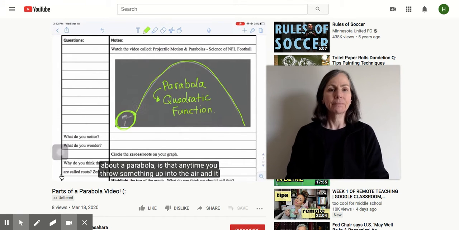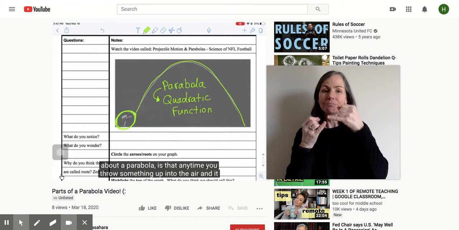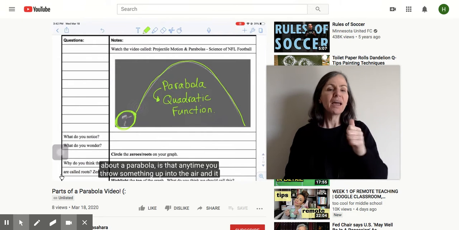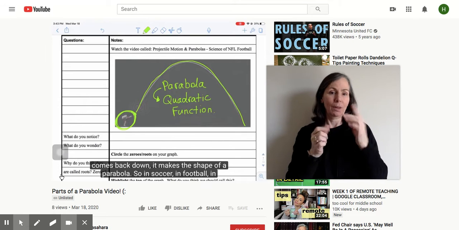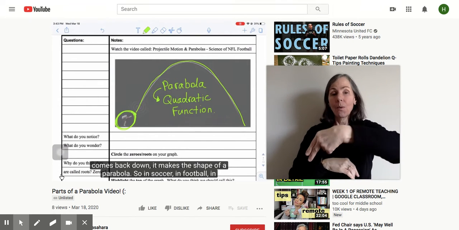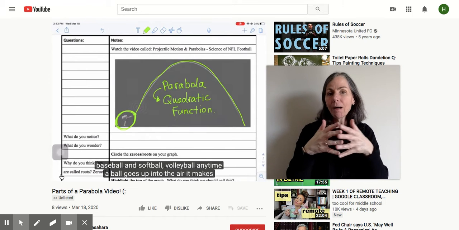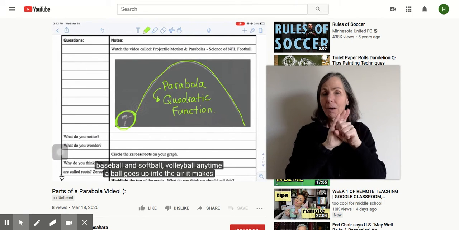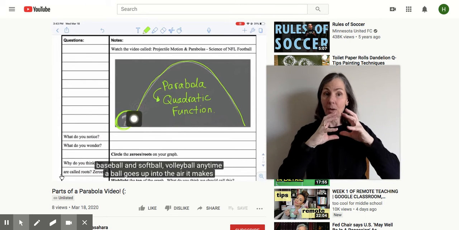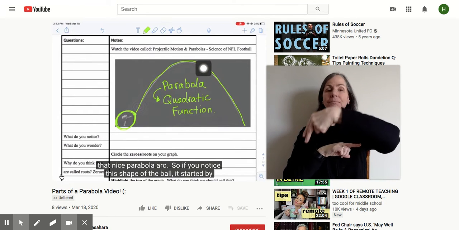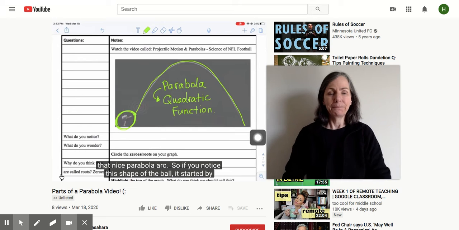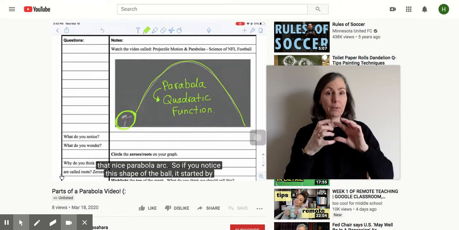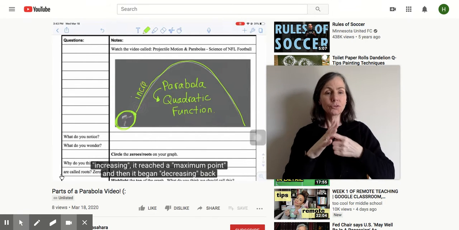What's beautiful about a parabola is that anytime you throw something up into the air and it comes back down, it makes the shape of a parabola. So in soccer, in football, in baseball, in softball, volleyball, anytime a ball goes up into the air, it makes that nice parabola arc. If you notice this shape of the ball, it started by increasing.